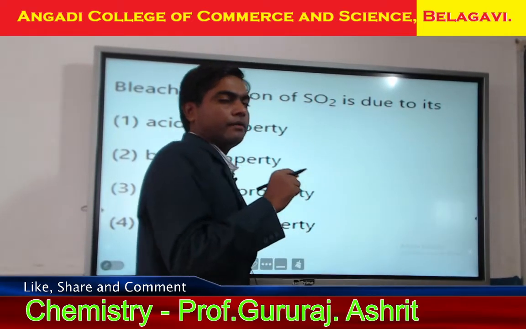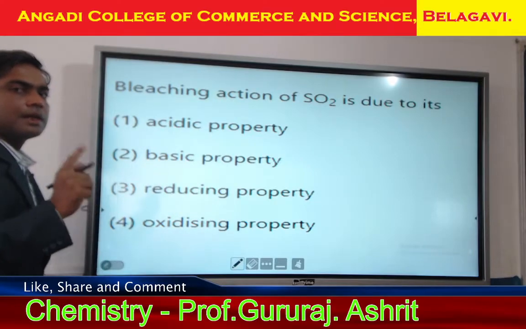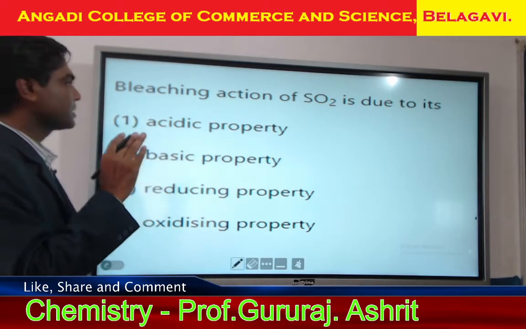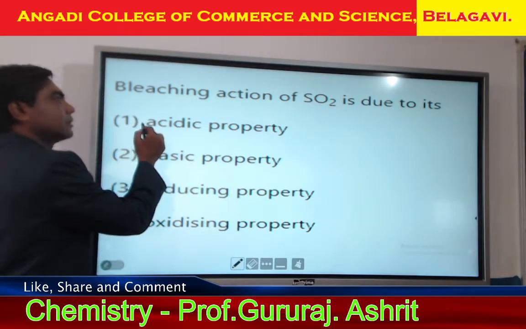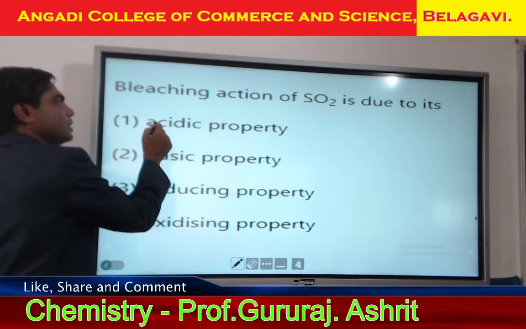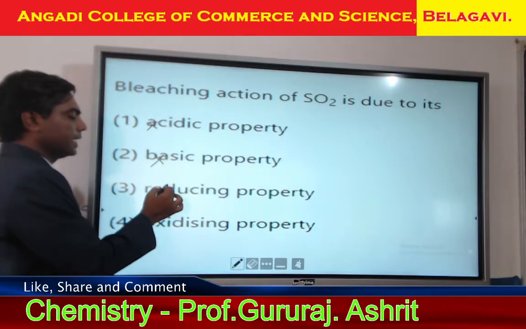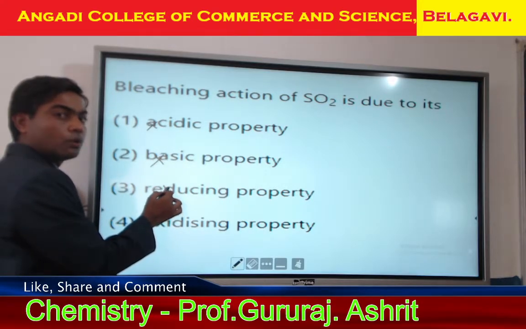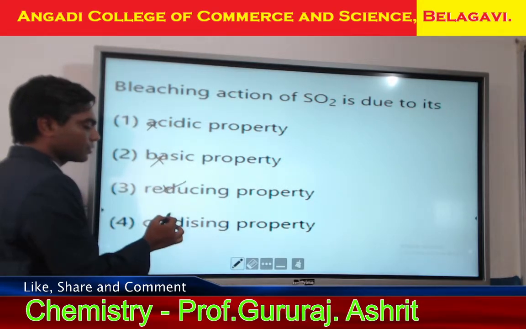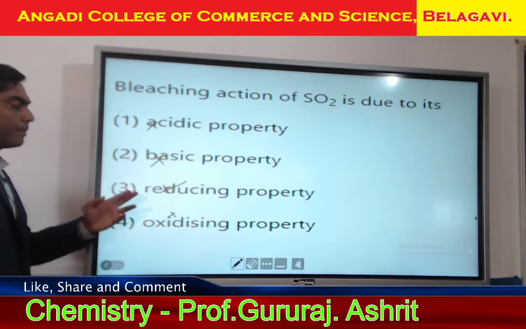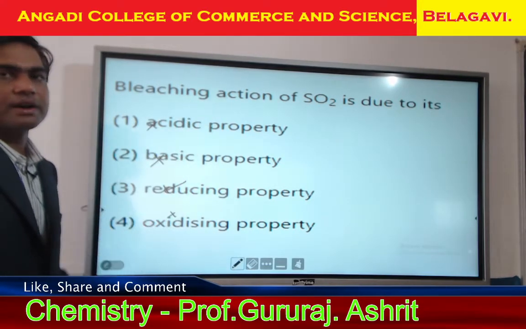So whenever you get nascent oxygen, that indicates that it is a best bleaching agent. So SO2 is acidic, but the bleaching action is not due to this. Basic, no. Reducing, yes. Oxidizing, no.